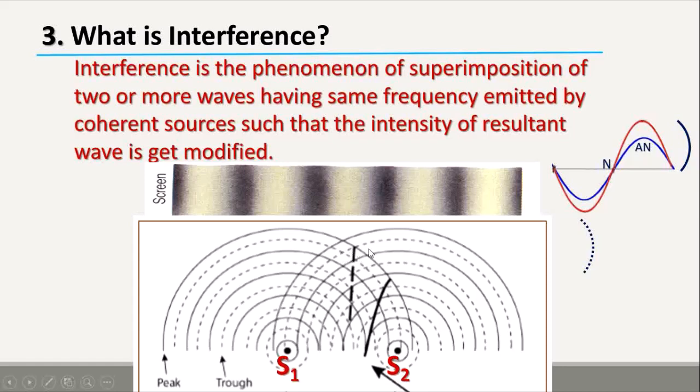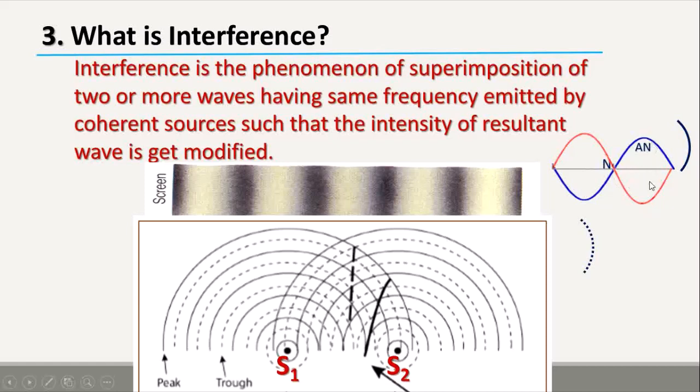But if you observe this diagram properly, one crest is now intersecting the trough of another wave here. At this point you get zero intensity. Suppose this is one wave, this is a trough and this is a crest. If the superposition is like this, a crest falling on the trough of another wave, this type of superposition is called destructive, and I'm going to explain it in the next slide.